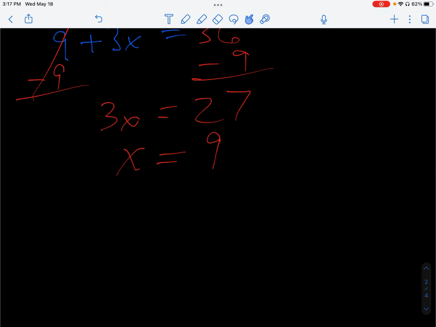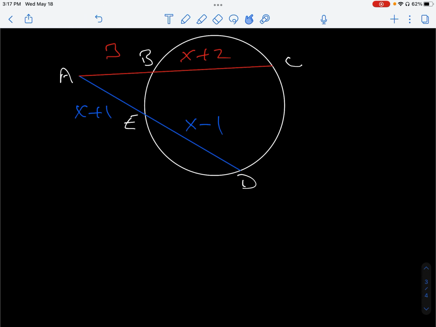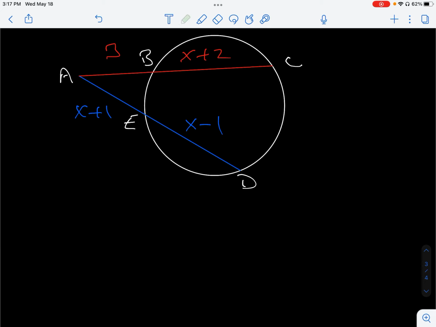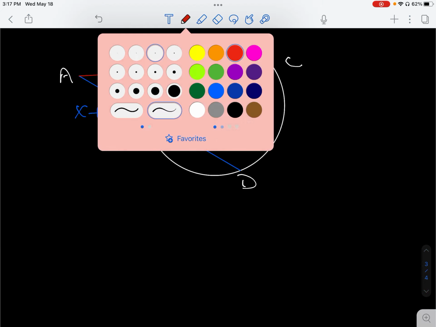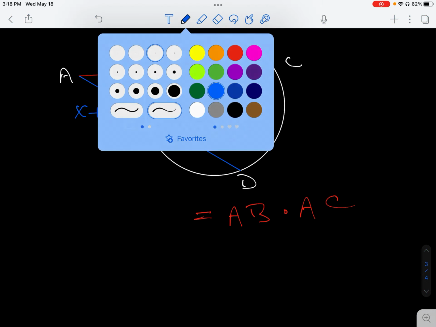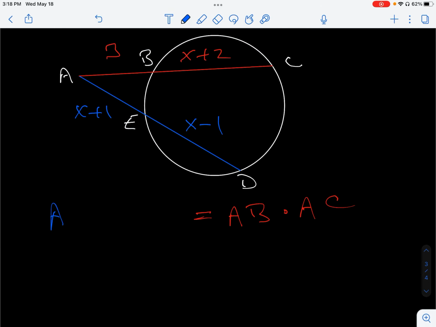All right, so let's look at a little more complicated one. Actually, let's stick with our same color scheme. So segment AB times the entire segment AC is going to be equal to AE times AD.